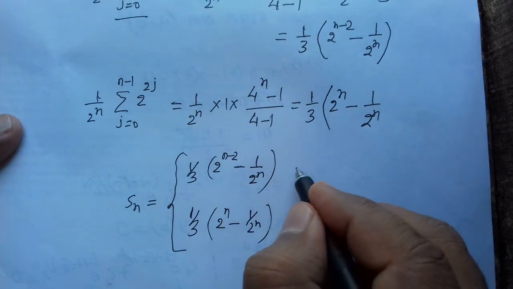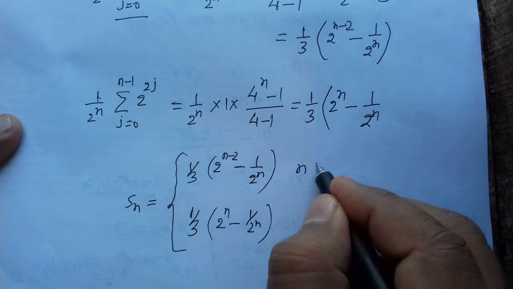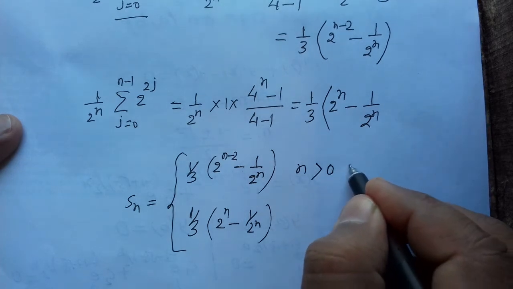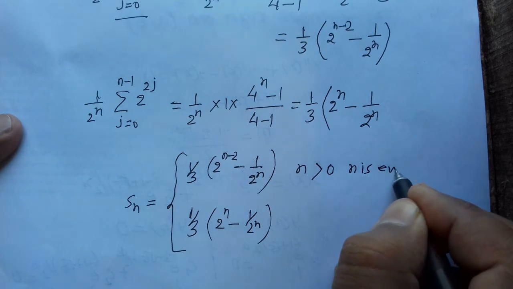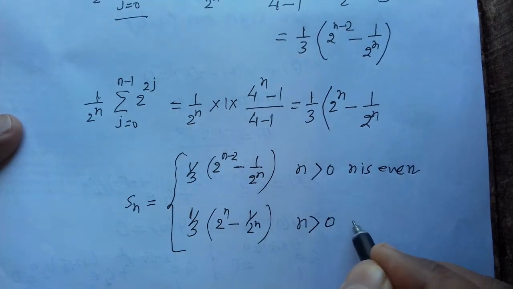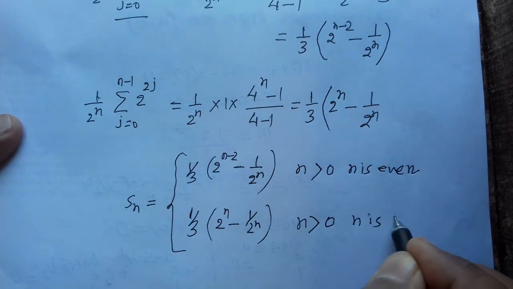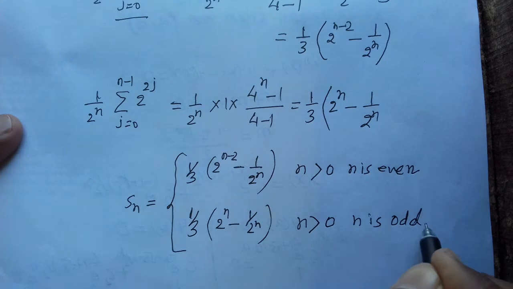The first stands for even n, and the second one is for n greater than 0 where n is an odd number.